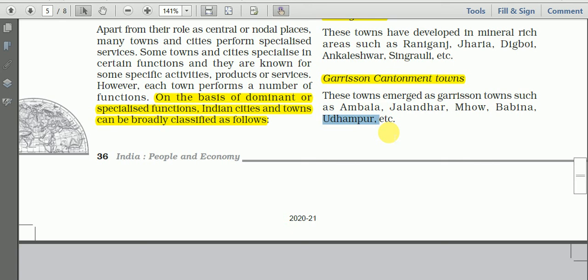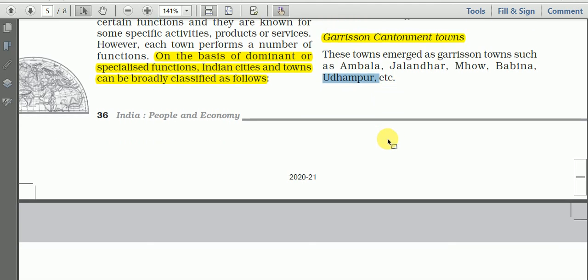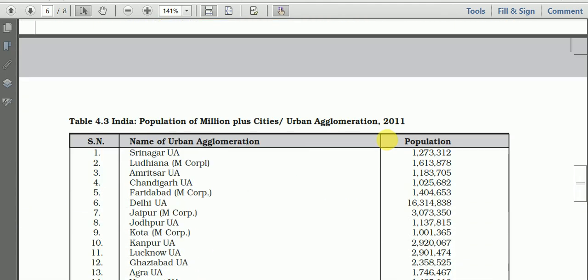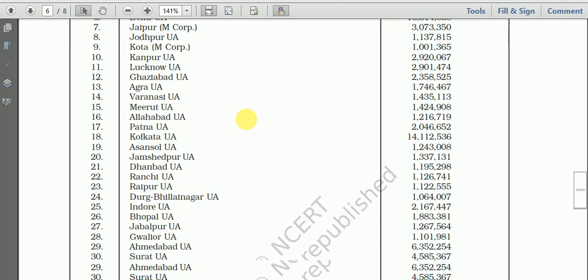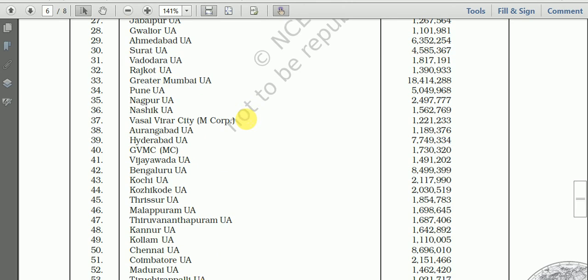So you must remember at least two examples of each type of town, because it is asked in exams also. Here in table number 4.3, 53 urban agglomerations and cities are mentioned.